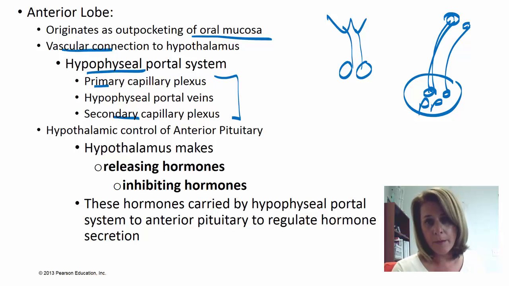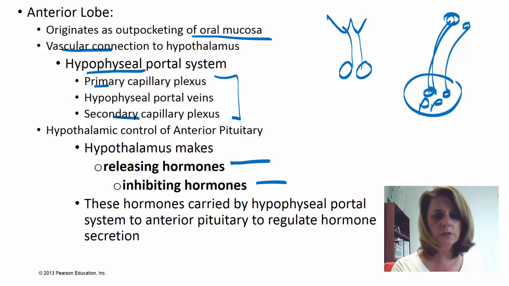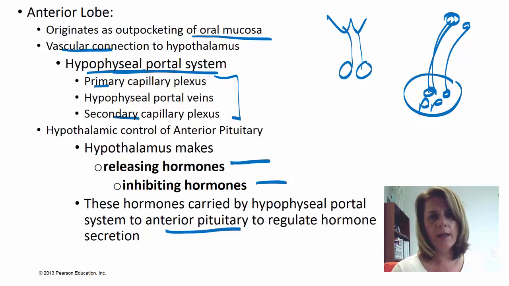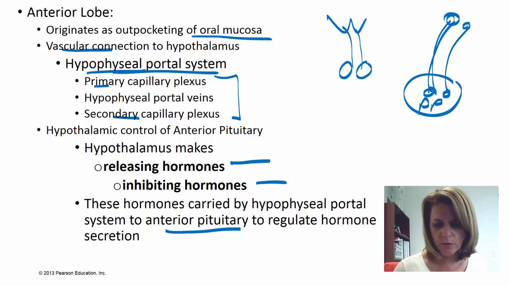In this case, the hypothalamus makes something called releasing and inhibiting hormones, two sets. There's releasing hormones and inhibiting hormones. And these hormones, because they're hormones, are going to be carried into the blood, into that hypophyseal portal system, to the anterior pituitary. And they will regulate the release of hormones by the anterior pituitary.